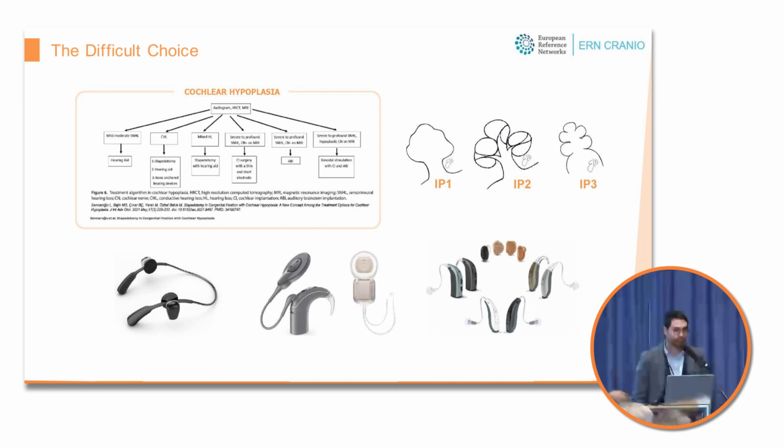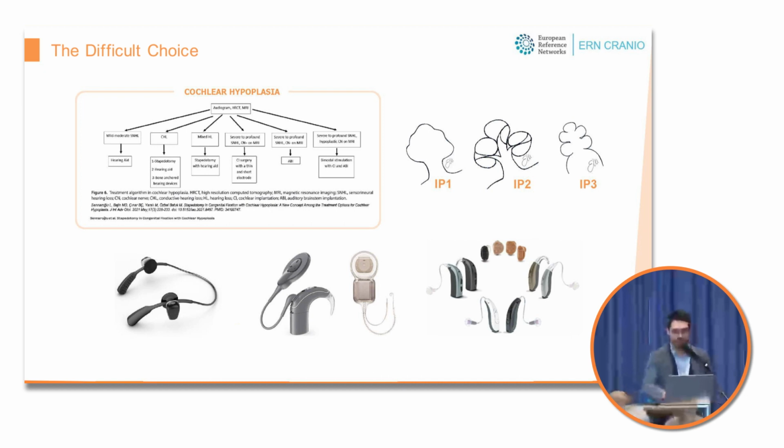And while dealing with cochlear malformations, we have a lot of options in our hands. For example, some patients need only a hearing aid, others require a combined approach with a surgery of the stapes, for example, and a hearing aid. Others may require a cochlear implantation. Others should be advised to undergo a brainstem implantation.